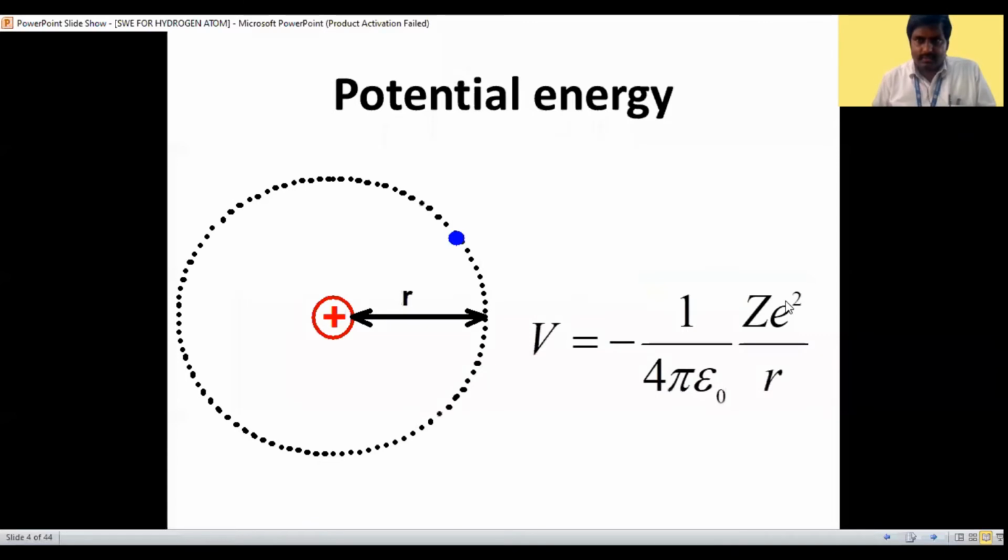So let us assume the mass of the electron, that is the blue color particle, is m, and the distance between the nucleus and the electron is r, and the charge of the proton is Ze, and the charge of the electron is e.